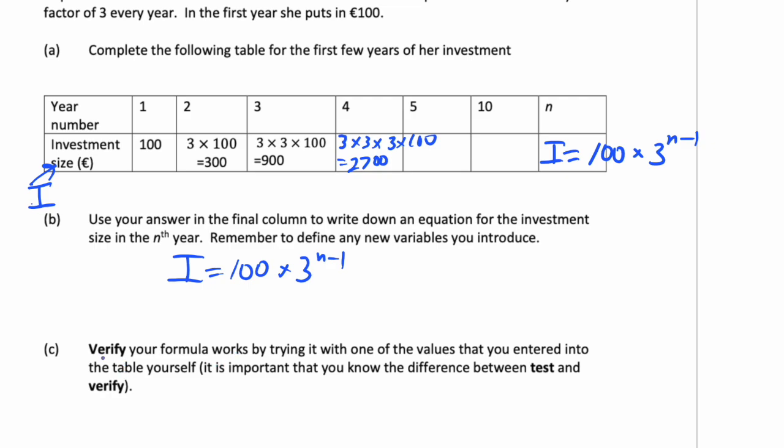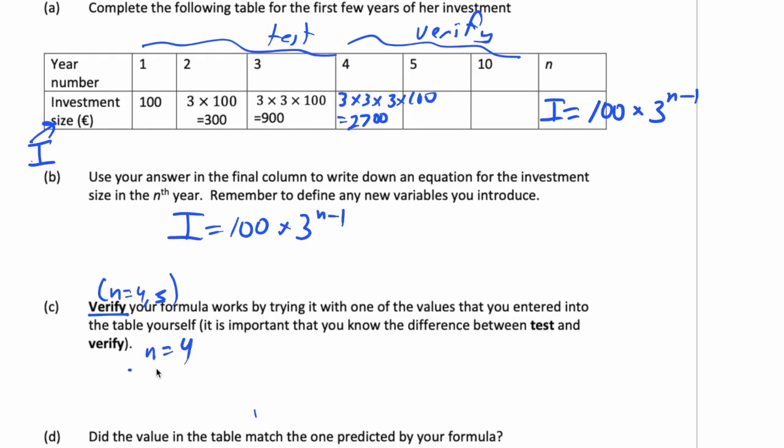To verify, you have to verify with n equals like 4 or 5, not one of the ones that's given. So test is with these, and this is verify. Okay, so we can verify with a new one. Let's verify with little n equals 4, maybe.